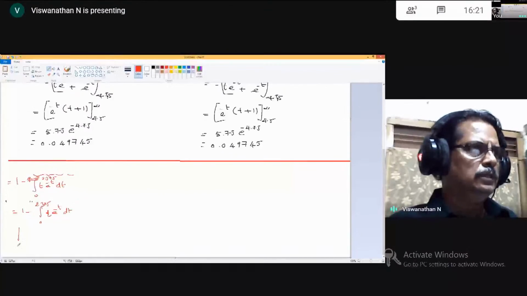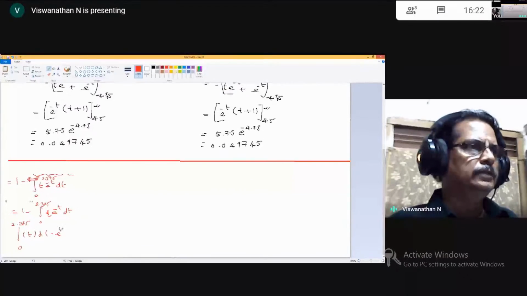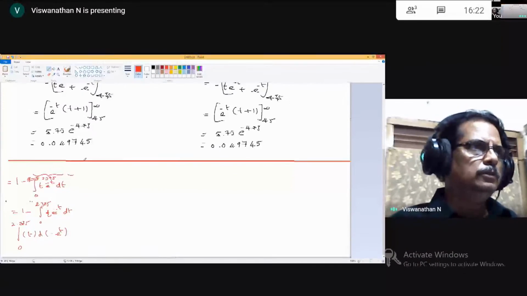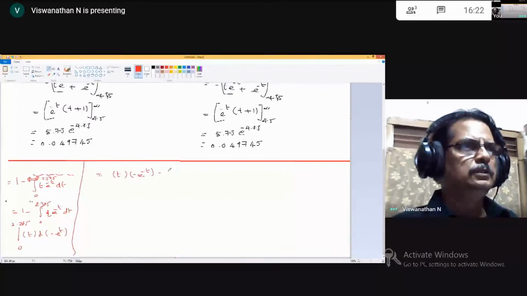So I will consider this integral from 0 to 2.375, where this is my u and this is my v. As in the previous case, I can use the same thing. This is equal to uv, that is t times minus e power minus t, minus the integral of minus e power minus t, since the derivative of t is 1.